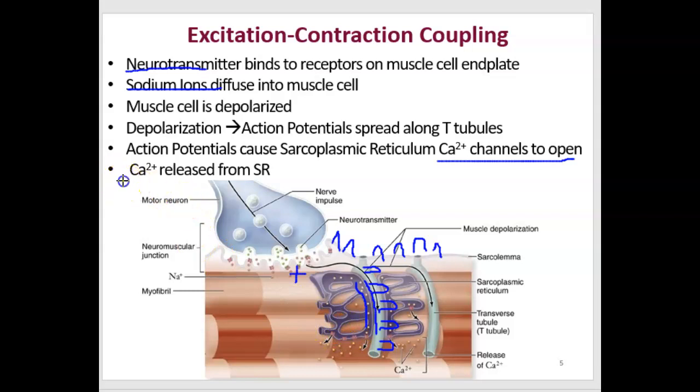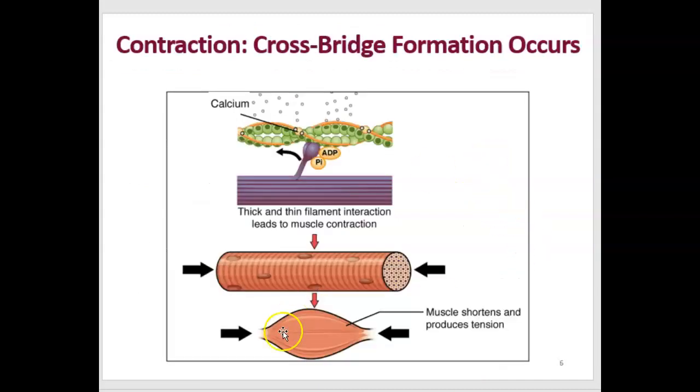So now calcium is released from the sarcoplasmic reticulum and goes out into the cytoplasm where the myofilaments are. So when calcium is present in the cytoplasm, we can get crossbridge formation. And when we get crossbridge formation, we know that myofibrils and sarcomeres shorten, and therefore a whole muscle will shorten.